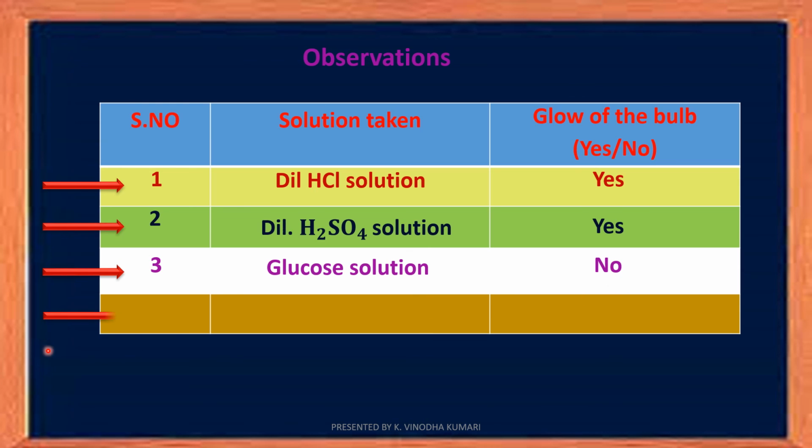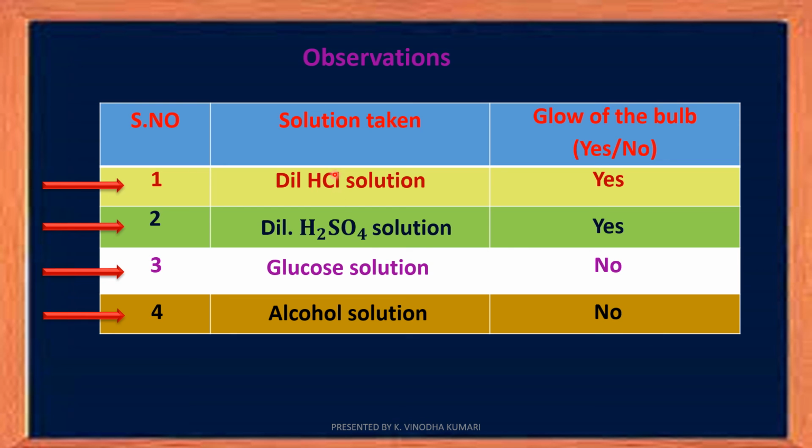The fourth one we have taken is alcohol solution, and here also we observed that the bulb does not glow. So for the first two solutions the bulb glows, and for glucose and alcohol, the bulb does not glow.